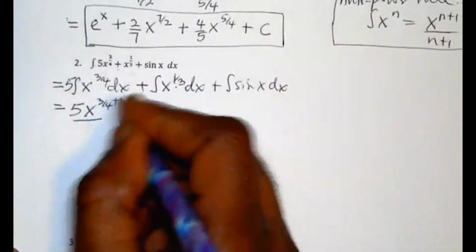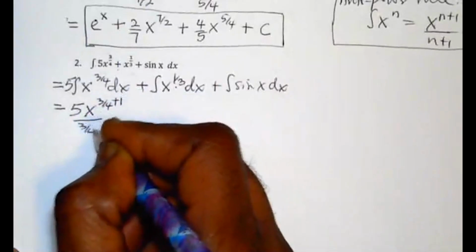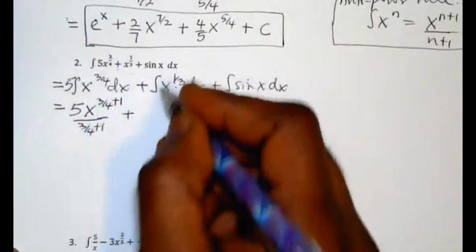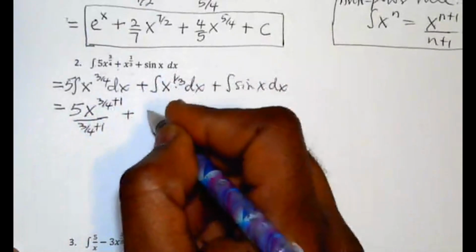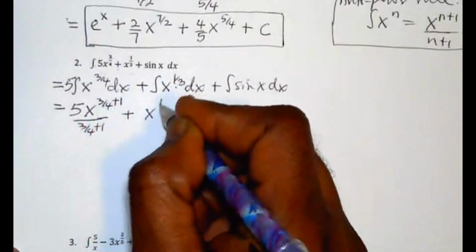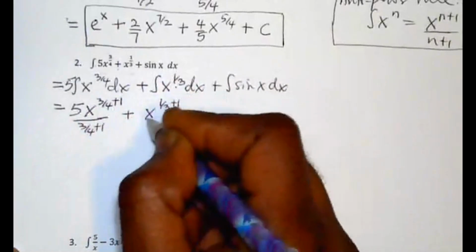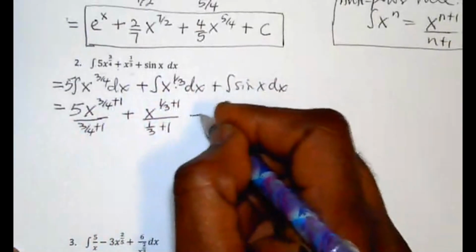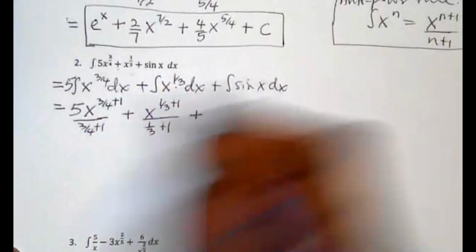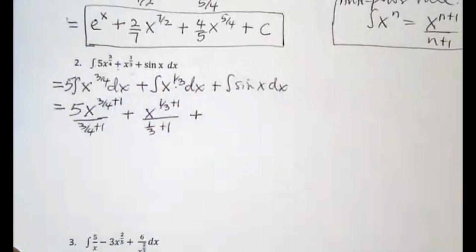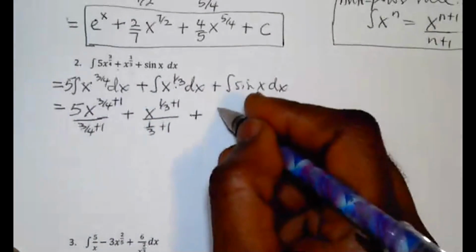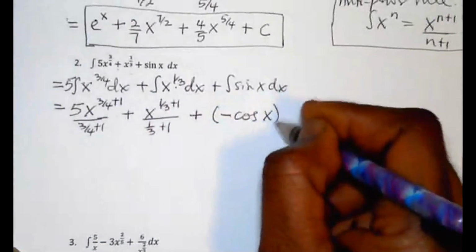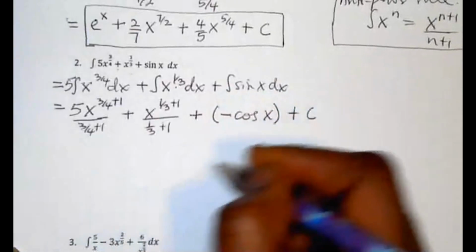And divide by the sum, which is 3 over 4 plus 1, plus the integral of x to the power 1 over 3, which will be x to the power 1 over 3 plus 1, over 1 over 3 plus 1, plus the antiderivative of sine. The antiderivative of sine is negative cos x, and we add a c to it, right?